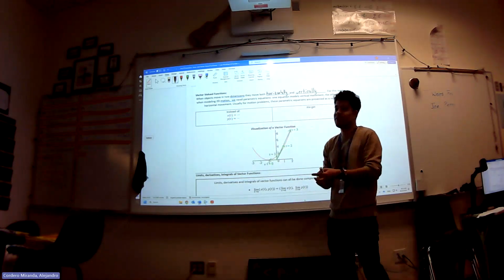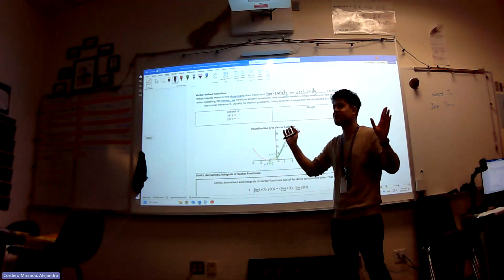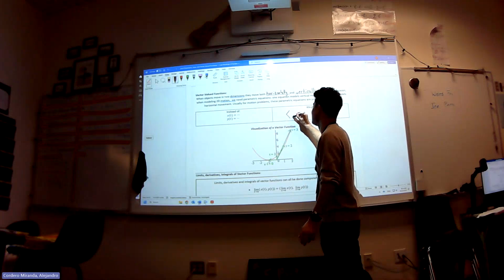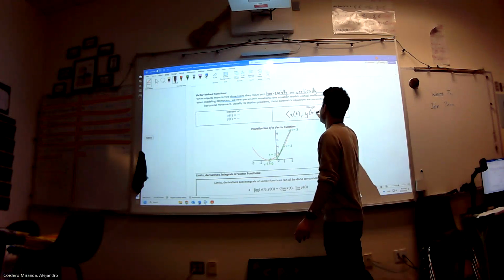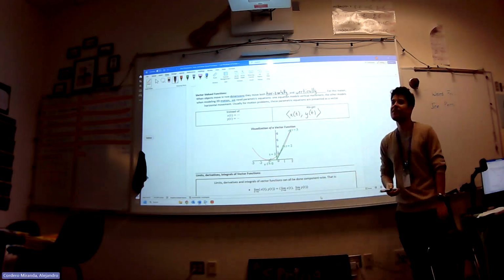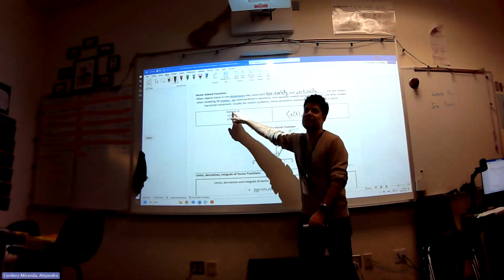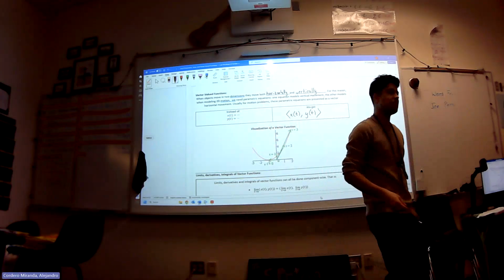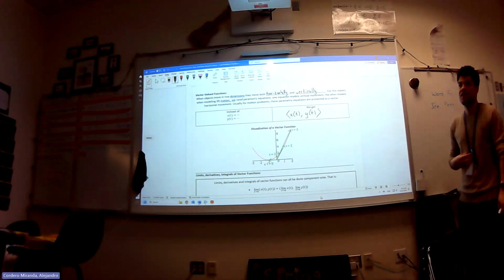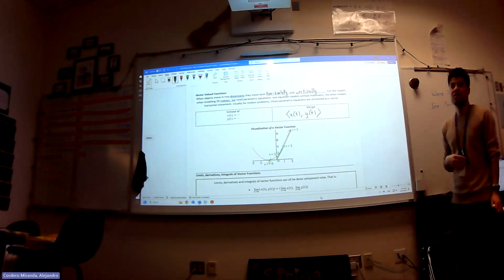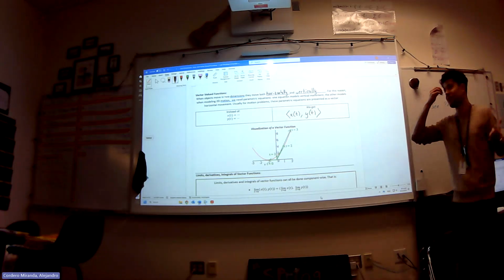Now, instead of writing them like x equals this and y equals this separately, they put them together in a vector. And sometimes they still just write them separately. But sometimes they ask, give me the velocity vector of this thing. And this is what they mean. They basically mean take the derivative and put it as a vector.